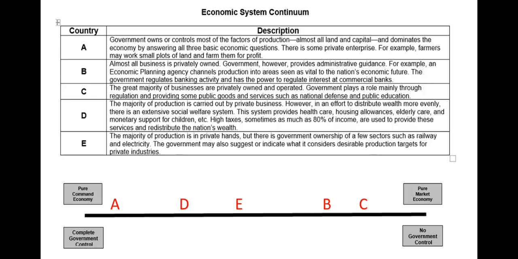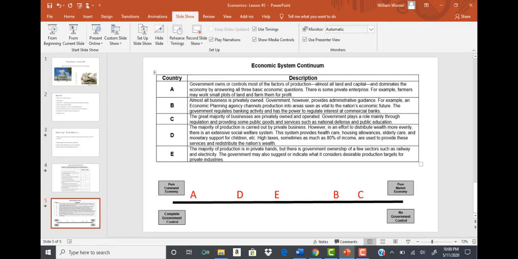So when we look at a country like country E, we're looking at a mixed economy, right in the middle of pure command, pure market, and most economies around the world today are mixed economies. They've got a little bit of each in them. Country E is France.